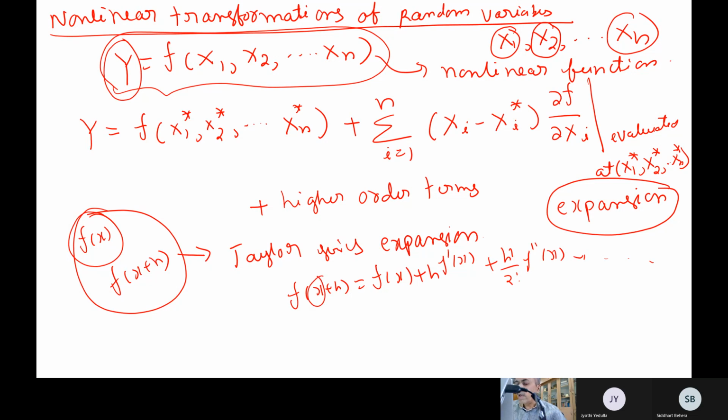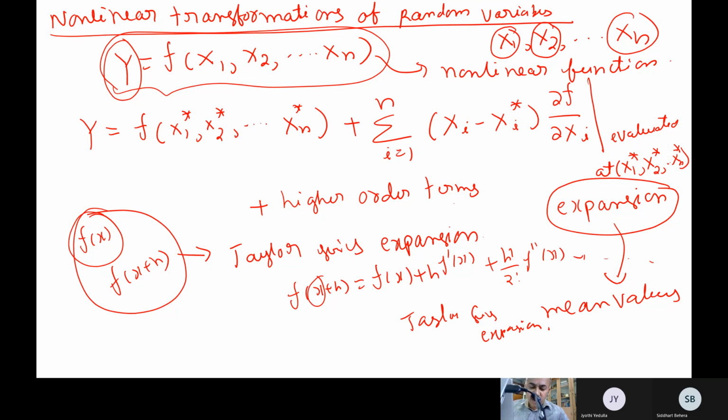Here we do the Taylor series expansion at the mean values, because the mean values are already known. Then you can calculate the mean value, standard deviation and other things from this expansion.